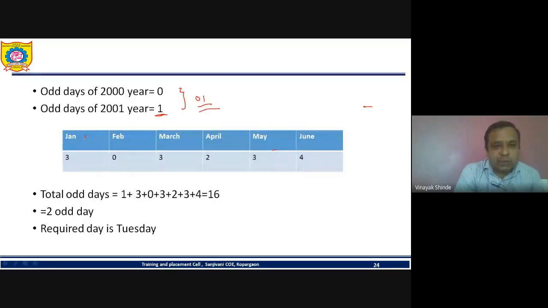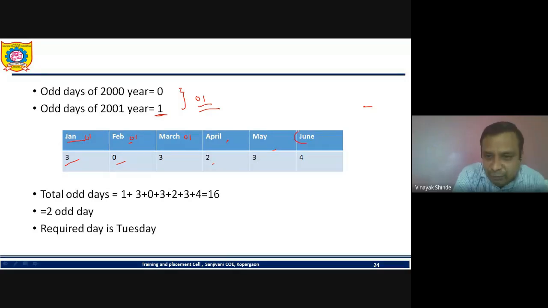Then January 2001, February 2001, March 2001, till 4th June 2001. How many odd days are there? In January we have 3 odd days, in February 0, in March 3, in April 2, in May 3.